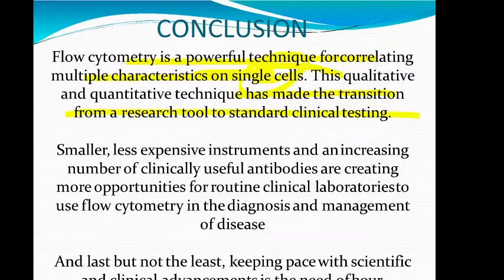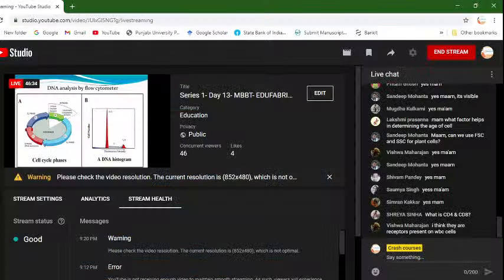Smaller, less expensive instruments and an increasing number of clinically useful antibodies are creating more opportunities for routine clinical laboratories. Basically, it is useful in the diagnosis and management of diseases. Last but not least, keeping pace with scientific and clinical advancement is the need of the hour. So that is everything in the case of flow cytometry.